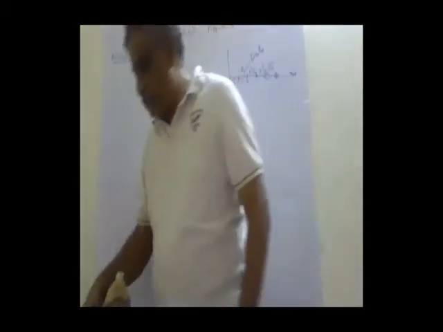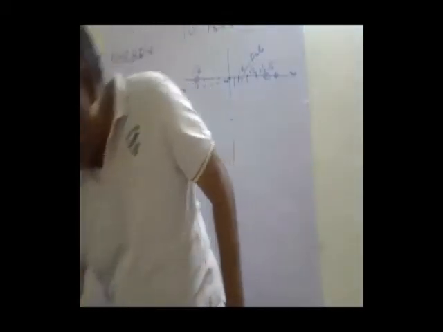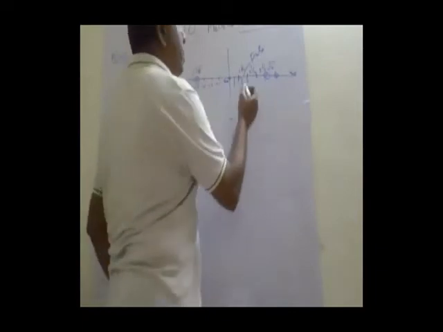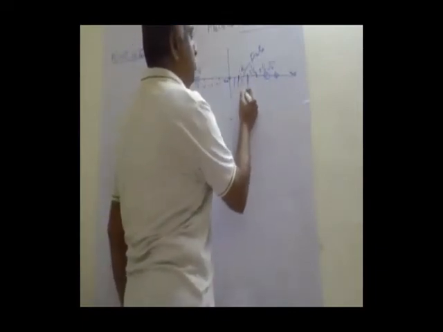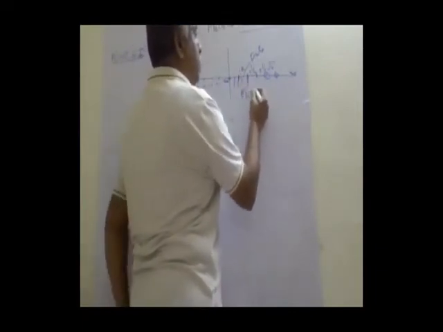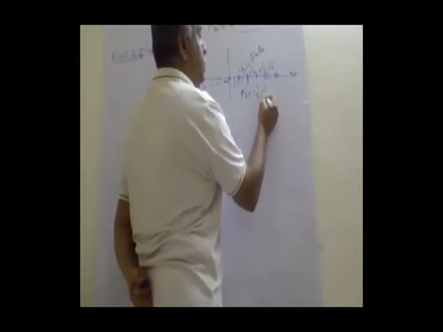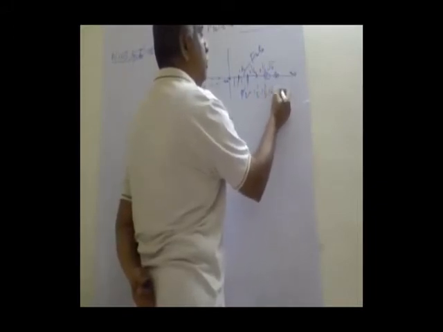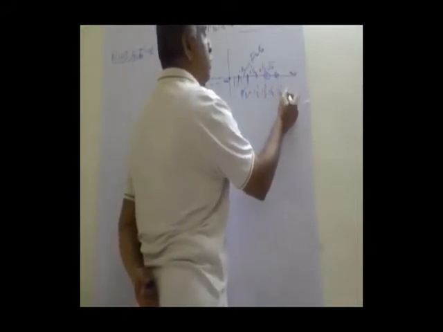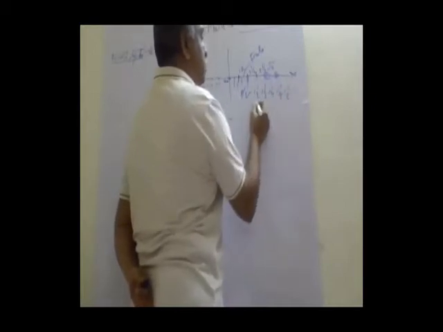We have seen different rational numbers in the form of p by q between 1 and 2: 1 1/2, 1 1/3, 1 1/4, 1 1/5, 1 1/6, like that, 1 2/3, 1 3/4, you go up to 2.